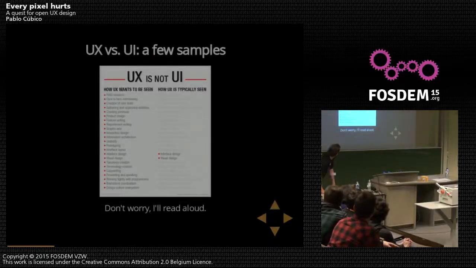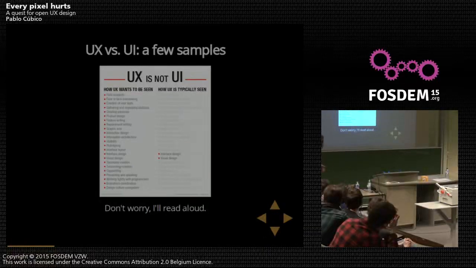This was a list from a blog of all the things that UX claims to be. I don't know if I agree 100% with this, but it's interface design, interface layer, prototyping, usability, information architecture, graphic art. Sorry.